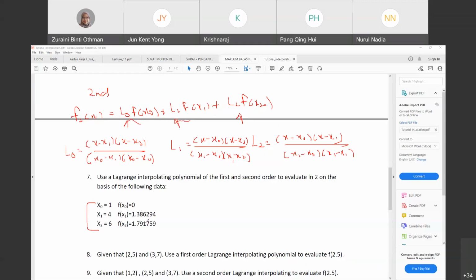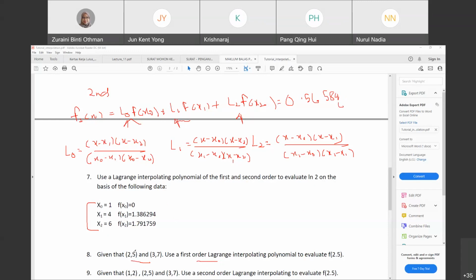Okay, now soalan dia seterusnya. Minta cari first order pula. Kalau yang ni tadi yang jawapan dia ialah nanti guna Lagrange ni, nanti jawapan akhir dia ialah 0.565565844. Macam tu. Lepas kalau soalan nombor 8 ni first order, sama juga macam tadi, cari L0, L1.